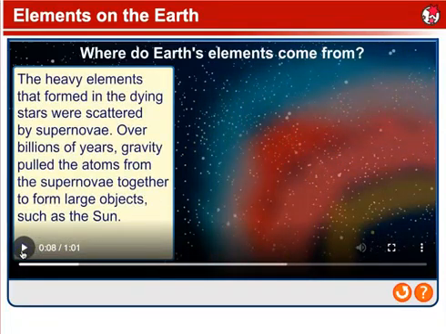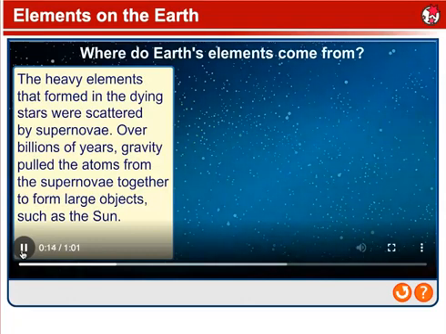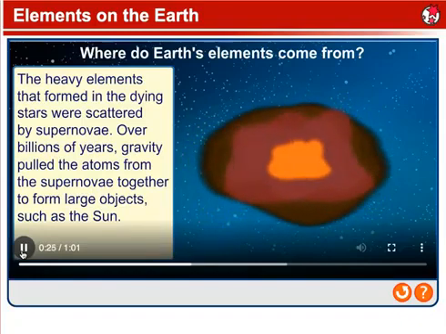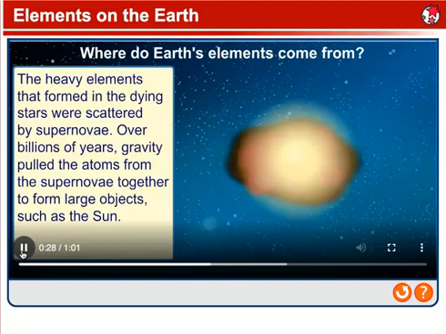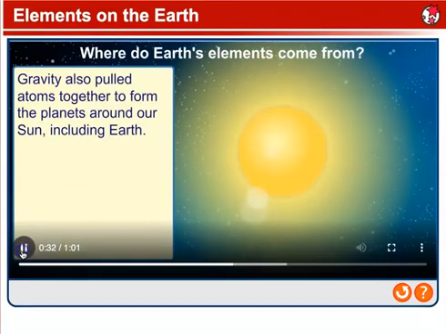The heavy elements that formed in the dying star were scattered by the supernova. Over billions of years, gravity pulled the atoms from the supernova together to form large objects such as the Sun. Gravity also pulled atoms together to form the planets around our Sun, including Earth.